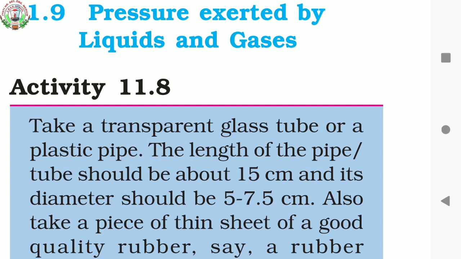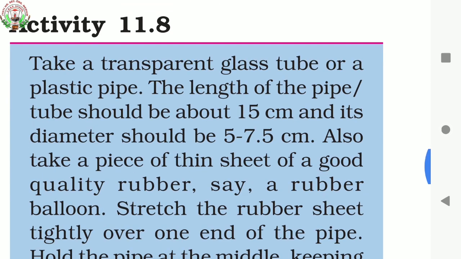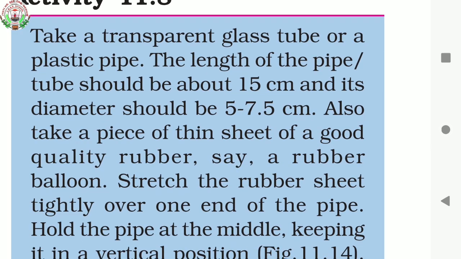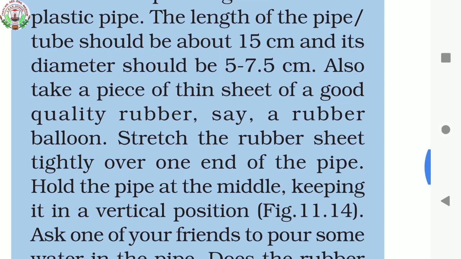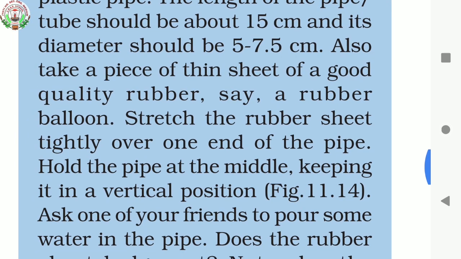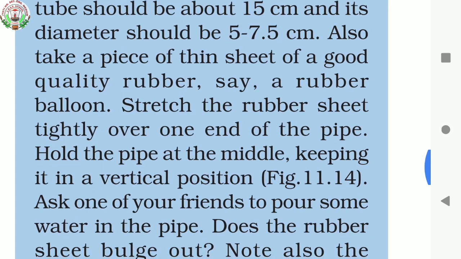We will do one activity. Take a transparent glass tube or a plastic pipe. The length of the pipe or tube should be about 15 centimeter and its diameter should be 5 to 7.5 centimeter. Also take a piece of thin sheet of good quality rubber, say a rubber balloon.